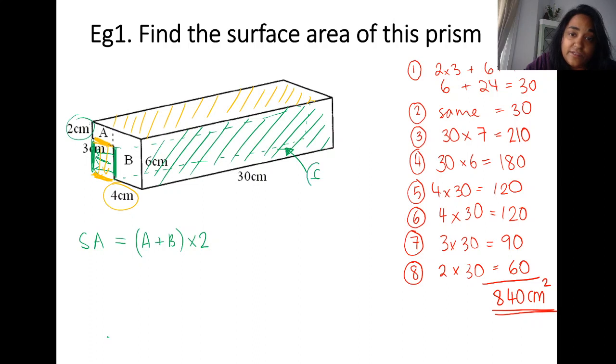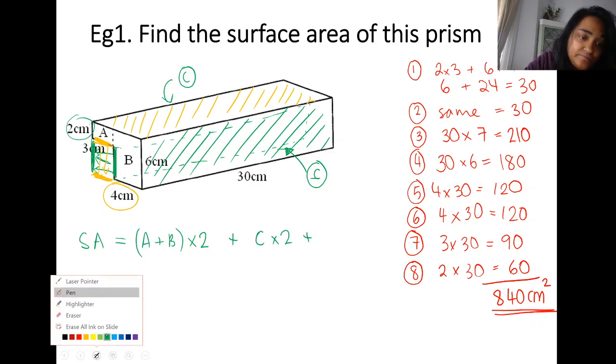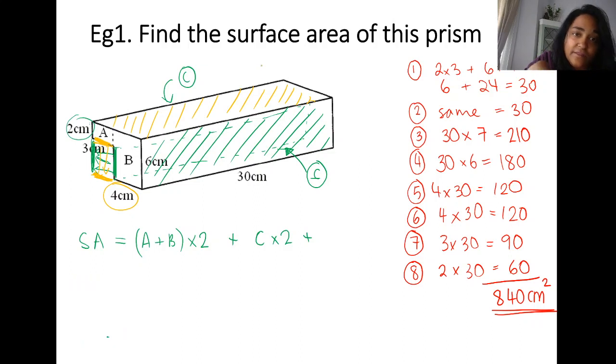Let's call this C. We actually get another C on the other side. And then we're also going to get this one, which we'll call D, and underneath, which we'll call D.